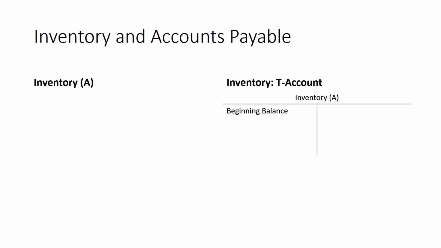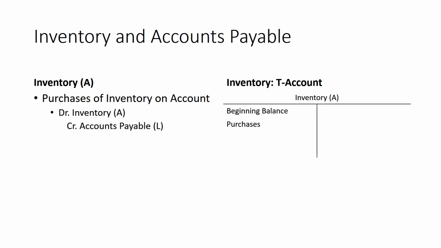Now let's take a look at the inventory T account. Because inventory is an asset, the beginning balance is on the left-hand side or the debit side. When the firm makes any sort of purchase on account, the amount that's paid towards the purchase goes onto the left-hand side of the T account.